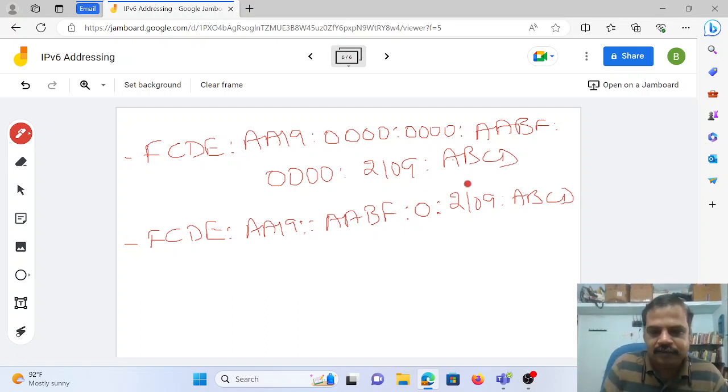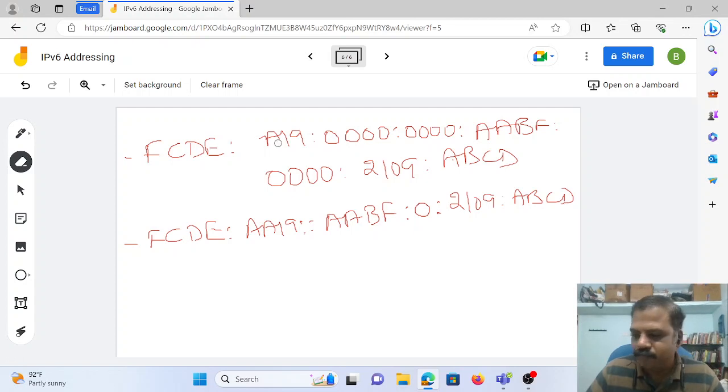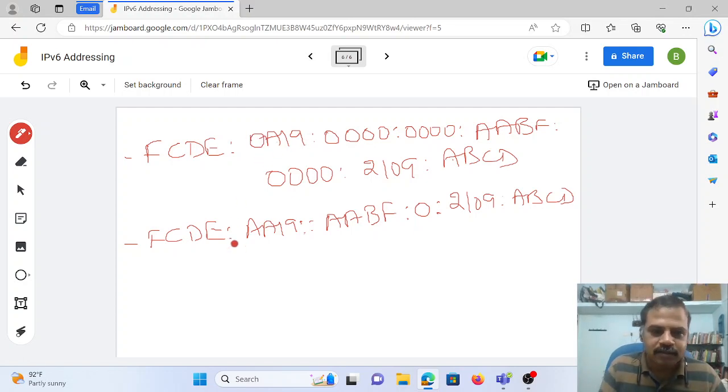Suppose instead of this A, you have 0A19. When you want to abbreviate, you can leave that 0. A more precise way we can represent it.